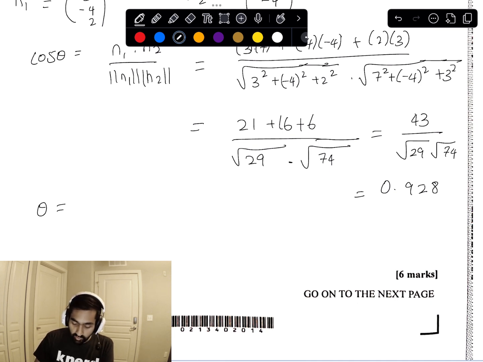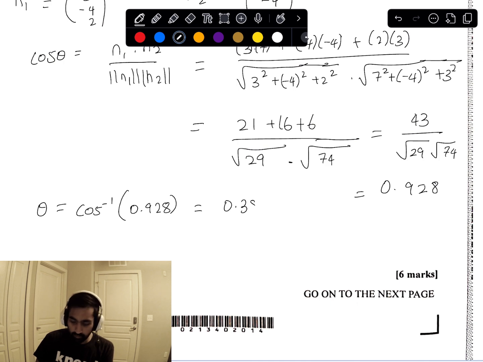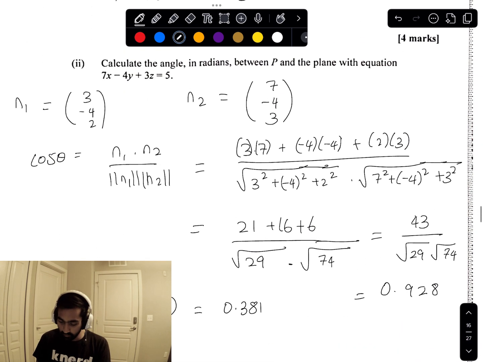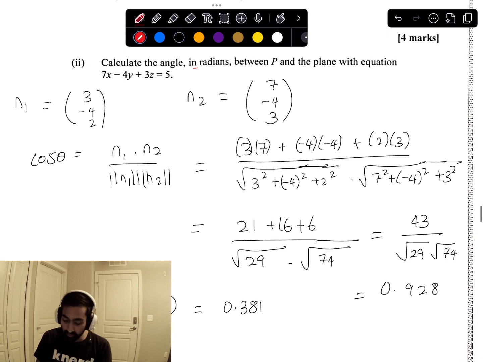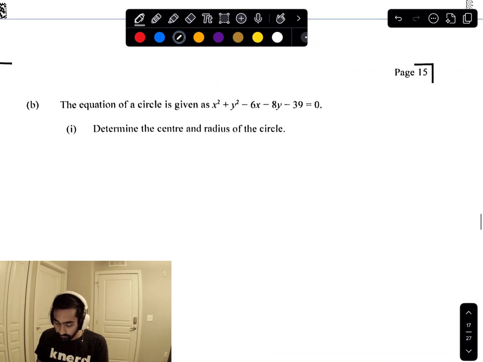But this is cosine theta, so what's the actual value of theta? Keep in mind that they said the angle has to be in radians, so theta is equal to cos inverse of 0.928, which is about 0.381. So that's how you'd find the angle. Always keep in mind what units they're asking you for, because they could equally ask for degrees, and then you have to find the angle in degrees.